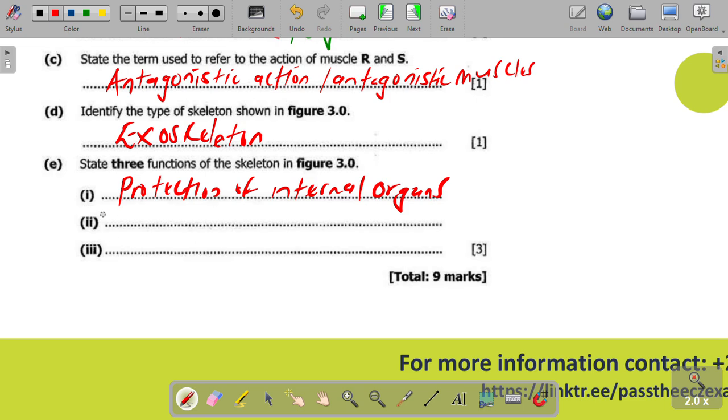Number 2, you can say support and maintenance of body shape.